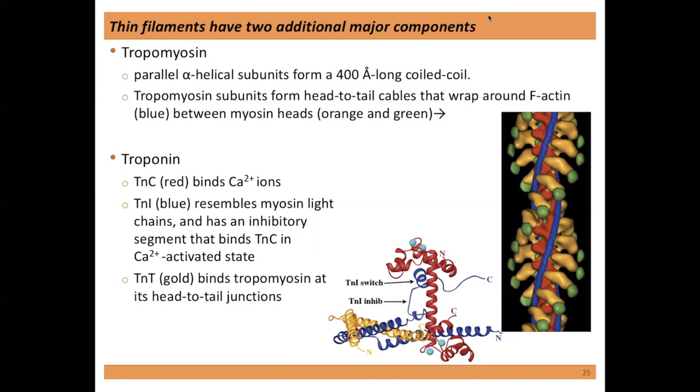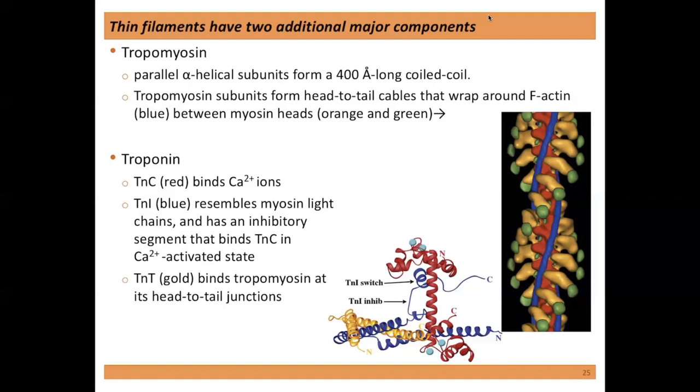The troponin I, which is shown blue here, resembles myosin light chain and has an inhibitory segment that binds to troponin C. Again, don't worry too much about the details, but essentially these bind calcium, and they help regulate the actin-myosin interaction. Nerve cells will release calcium, which will activate the actin-myosin interaction.